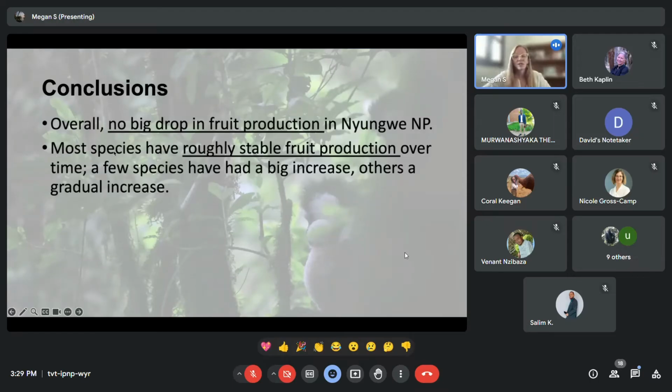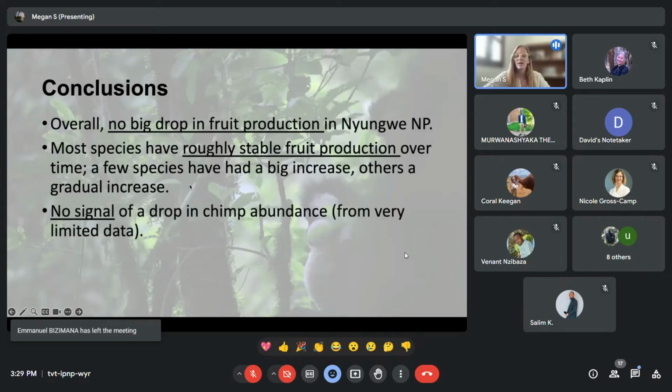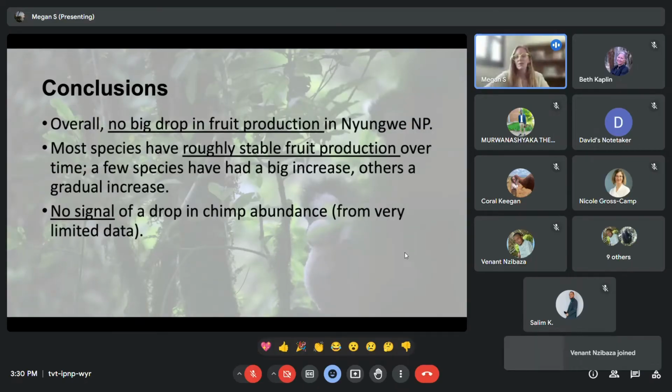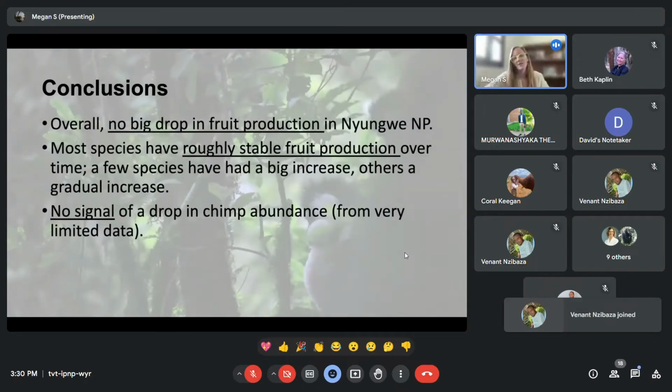Most species have roughly stable fruit production over time, and a few species have had big increases in their fruit production. Others have had a gradual increase. And there's no signal of a drop or an increase in chimp abundance from this very limited data, for this very first pass analysis that we were able to do.